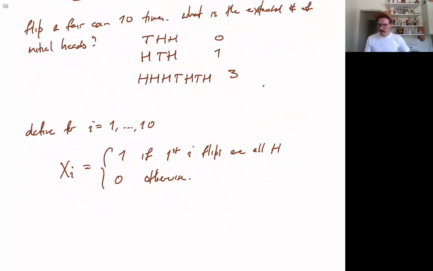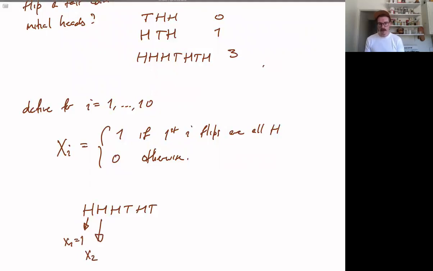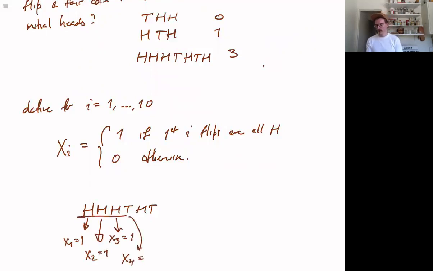The idea is, for example, if we have a sequence like this, let's look at what our variables are. x1 is 1 if the first flip is heads, so x1 is equal to 1. x2 is equal to 1 if the first two flips are both heads, so that is a 1 as well. x3 is a 1 if the first three flips are all heads, so we get a 1 there. x4 is 1 if the first four flips are all heads.